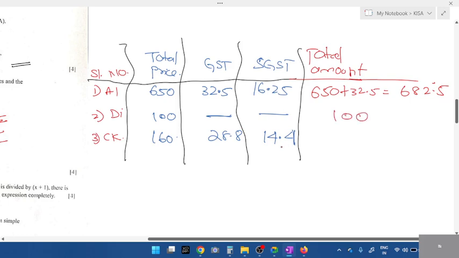Now tell me, for cookies, what is the total amount? 160 plus, which one do I have to add? What is the GST? 160 plus? Yes.